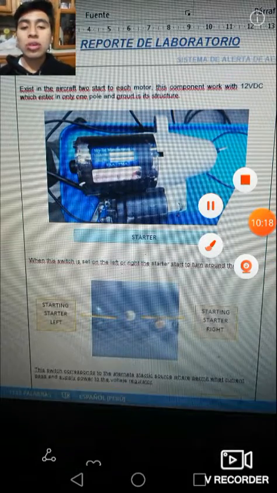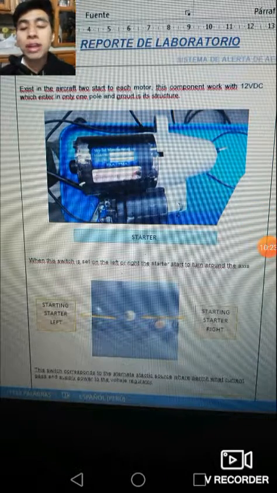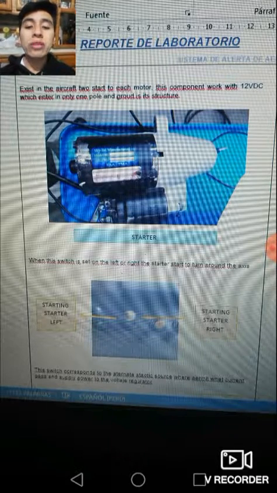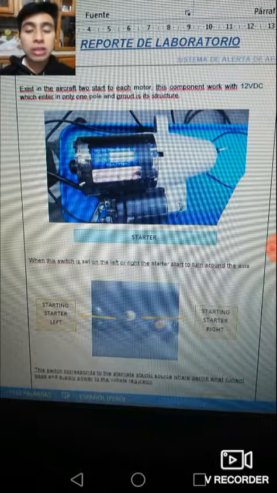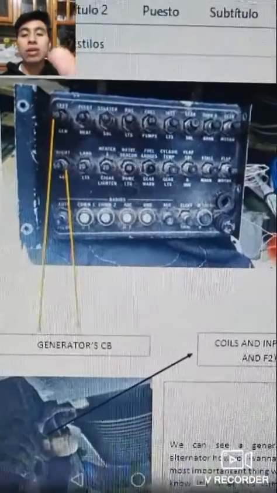So this system has different components. I explained about different topics, but the principal idea is to recognize components and identify them, and I can test if these components work or don't work. I can test a circuit breaker.